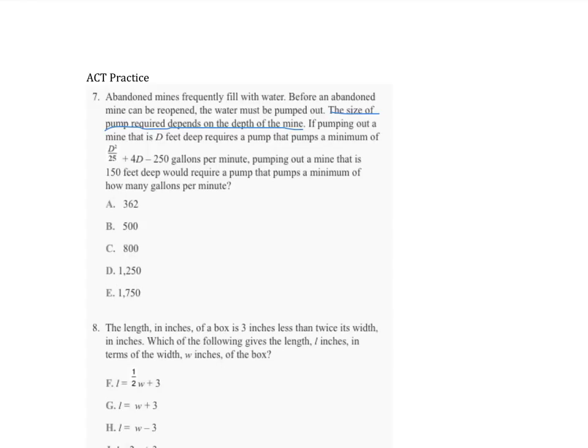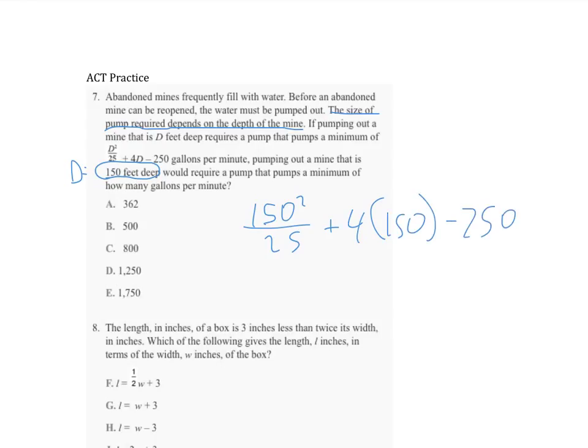Pumping out a mine that is 150 feet deep would require a pump that pumps a minimum of how many gallons per minute. So basically, here's a value they're giving you. That's a d value, and our formula has a d in it. So 150 squared over 25 plus 4 times 150, and then minus 250. Calculator would be handy here.